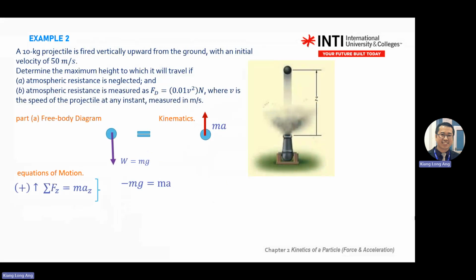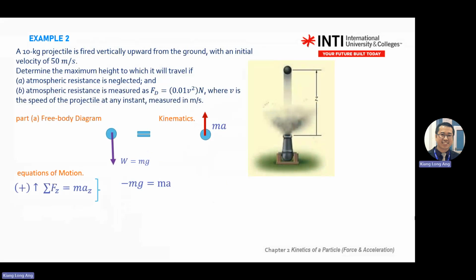Then in your equation, when you derive, this is quite a very fast process. I recommend you to use the W first, then only you write mg. Okay. So in this case, it's minus W, which is minus mg, equals ma.